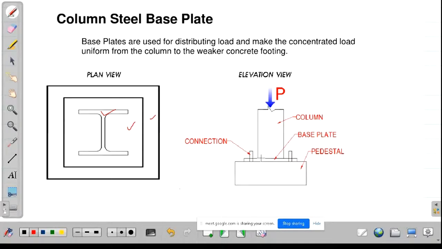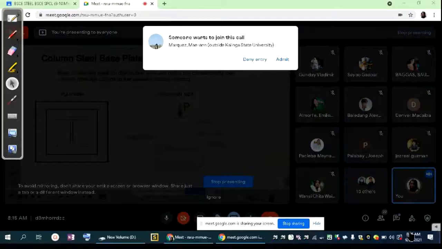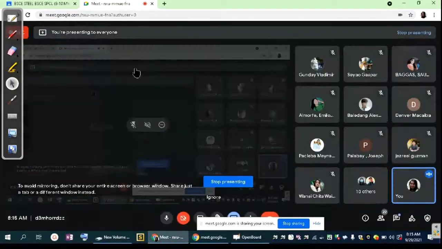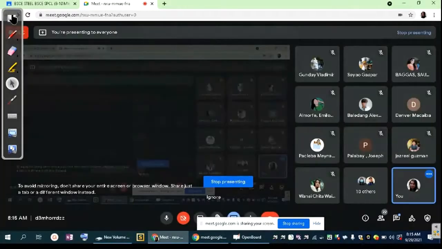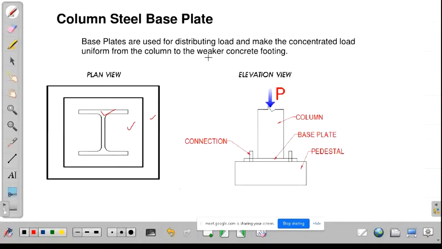Since without the base plate, the contact area nung column tsaka pedestal is direct siya. And direct contact nung column, yung loads from column to the pedestal is critical to bearing. So gumagamit tayo ng base plate to widen up and distribute the load from the column papunta doon sa ating pedestal.